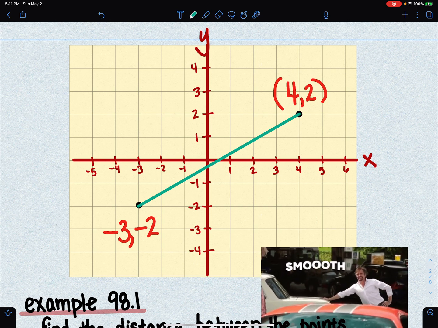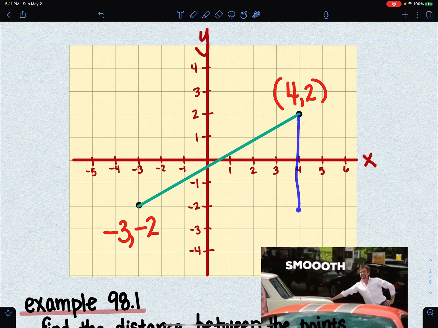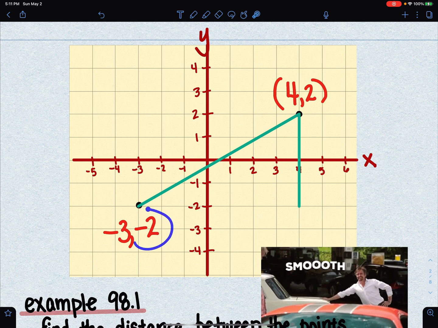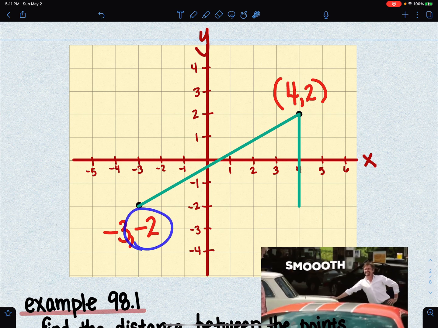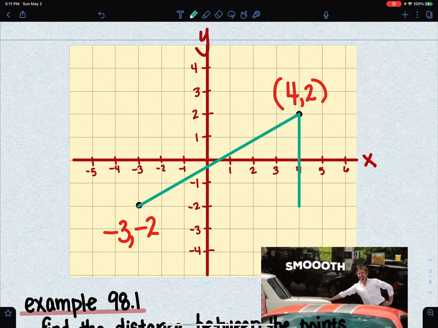So this side right here is going to be parallel to the y-axis. So I just draw parallel to the y-axis and stop at the negative 2, because that's where this point is, and then the next line is going to be parallel to the x-axis, just like that.